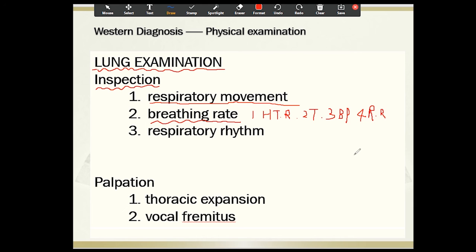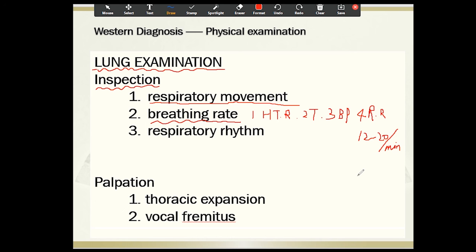So normally the respiration rate is 12 to 20 per minute. We calculate the respiration rate after the person has rested about 20 minutes. It's not like a person just running and then coming in, because then the respiration rate is certainly increased.